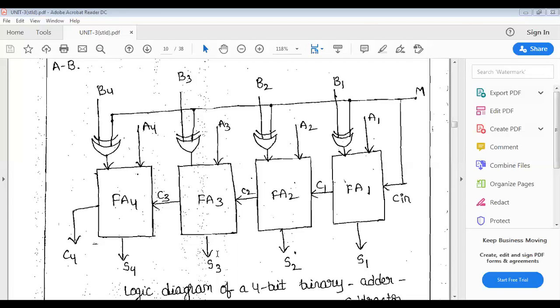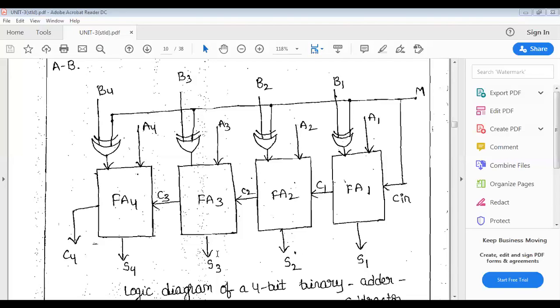But you can see in the LSB, the first full adder is getting Cin equal to 1. Why is Cin equal to 1? We are performing the subtraction operation, A minus B. We know A minus B is A plus the complement of B plus 1.